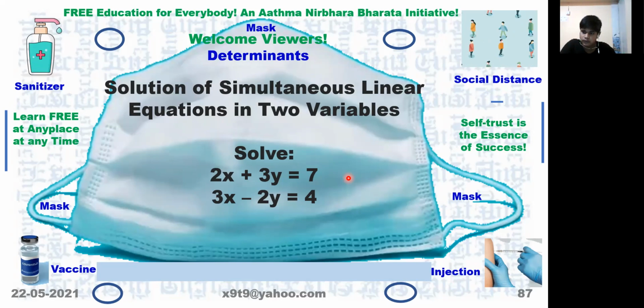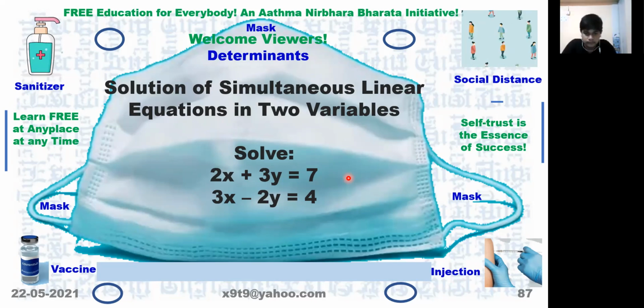No. How can you write like that in the substitution method? 3x is equal to, how can you write? 3x is equal to how much? 3x minus 2y is equal to 4. So what is 3x? Sir, you show me once.